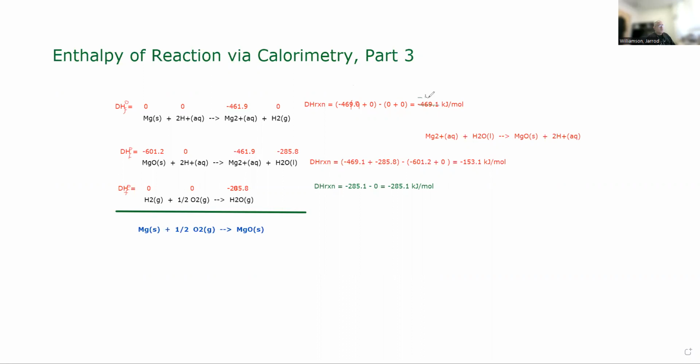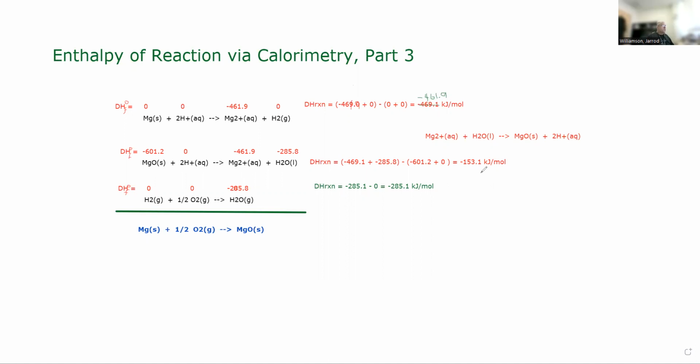Negative 461.9. So I get... for going too fast. 0.9 kilojoules per mole. Do the same thing for this reaction, and I get negative 153.1 kilojoules per mole.